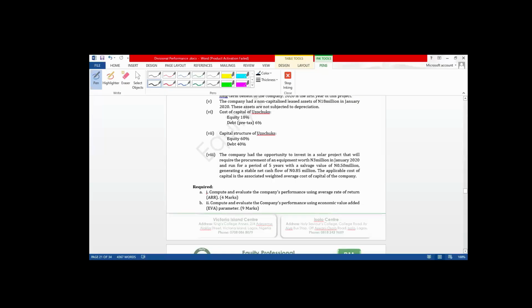Please note, the average rate of return is the same as return on capital employed.